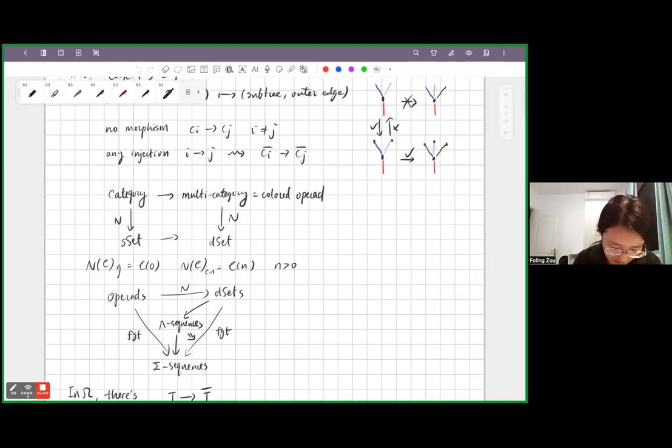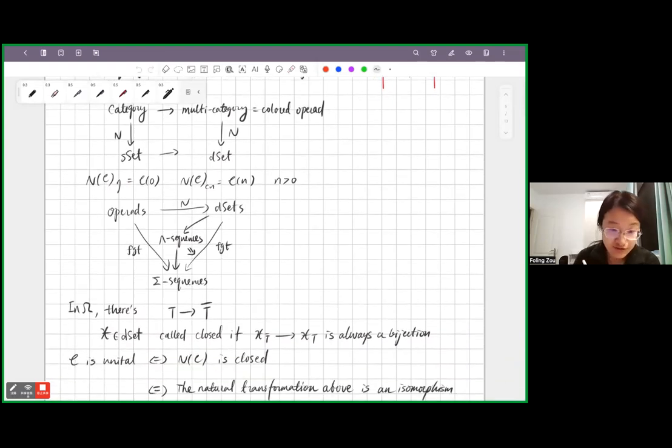In particular, if we take an operad and the nerve of it, we can recover the operad by evaluating it at this eta, this root, we will get C0. Evaluating at these Cn's, we will get the n-ary operations space of the operad.